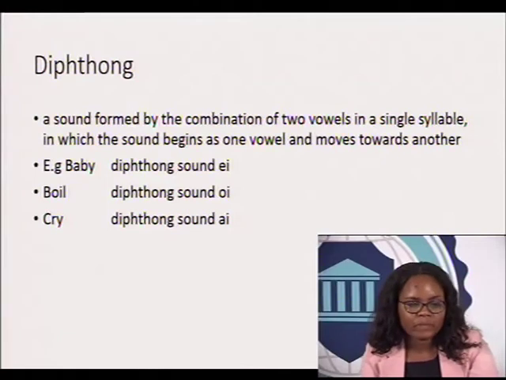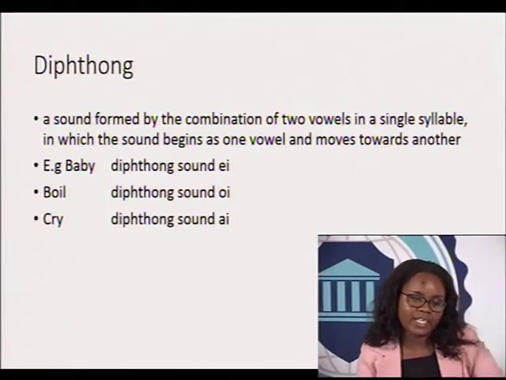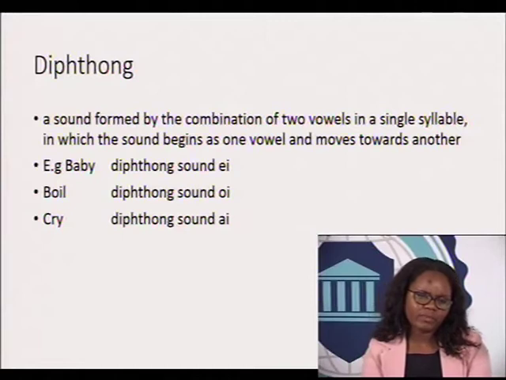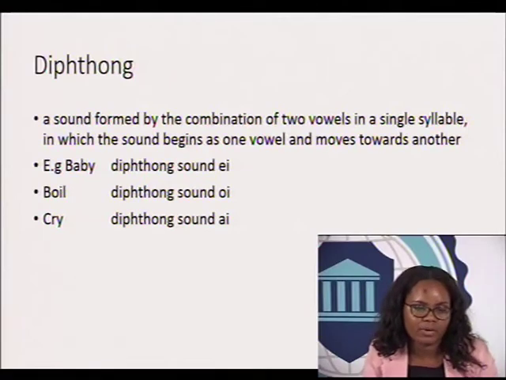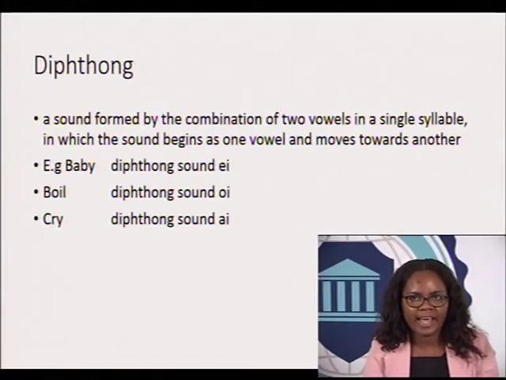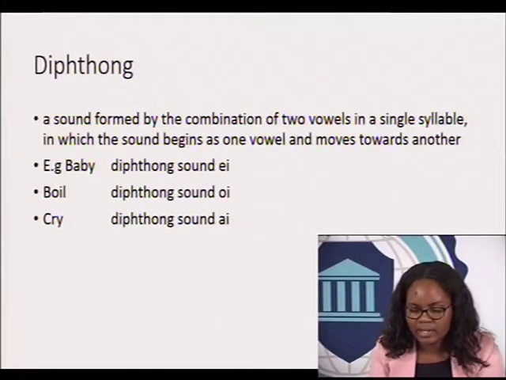Okay? The next example is cry. You will find that in the word cry, there is no vowel, but still there is a vowel sound, which is I. Cry. So those are examples of diphthongs.